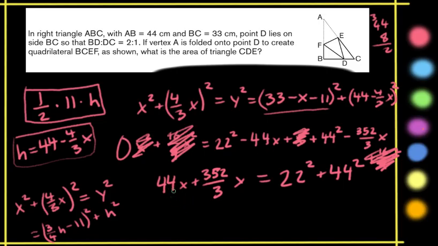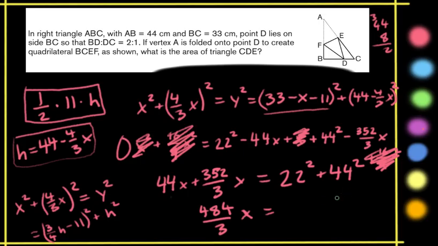So 44x would be 132 thirds of x. And if we add the 132 thirds and the 352 thirds, that'd be 484. So let's do 484 thirds of x is equal to, now I've got 22 squared plus 44 squared.